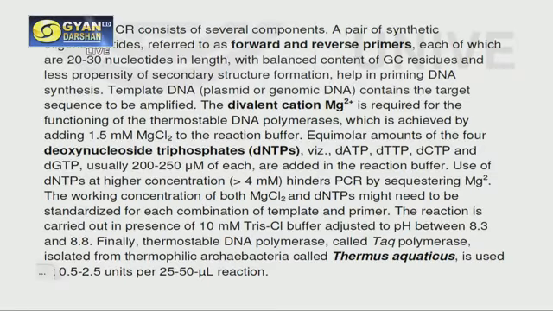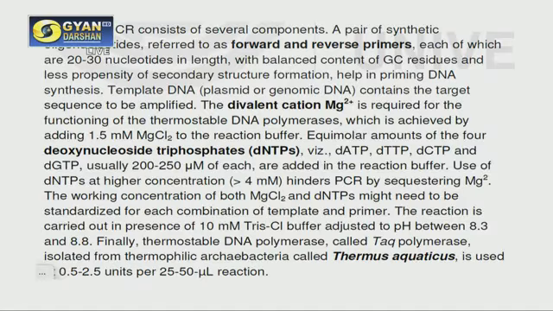Let us quickly look at what are the things that you need for undergoing a PCR reaction. First of all, you need a pair of synthetic oligonucleotide primers, designated as forward and reverse primer. If you know the sequence of the gene, then from the 5' end you have to design one primer, and from the 3' end you have to design another primer.